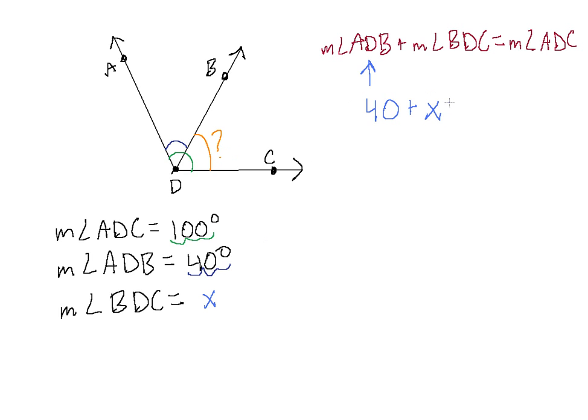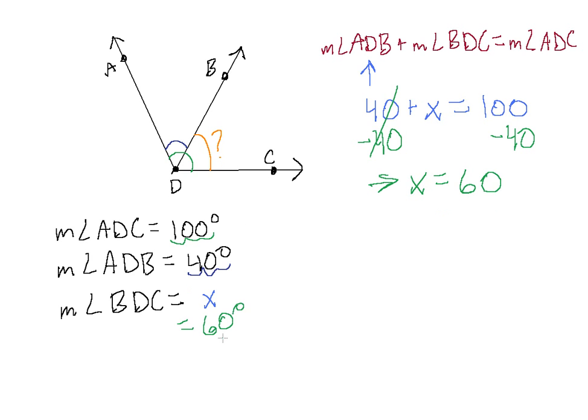So 40 plus x equals the measure of angle ADC, which is 100 degrees. And we should be able to simply solve this. Let's subtract 40 from both sides. Solving for x, these two cancel. That leaves us with x is equal to 100 minus 40 is 60. So the measure of angle BDC is 60 degrees.